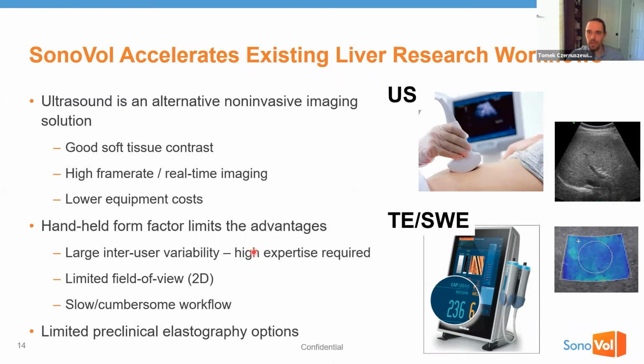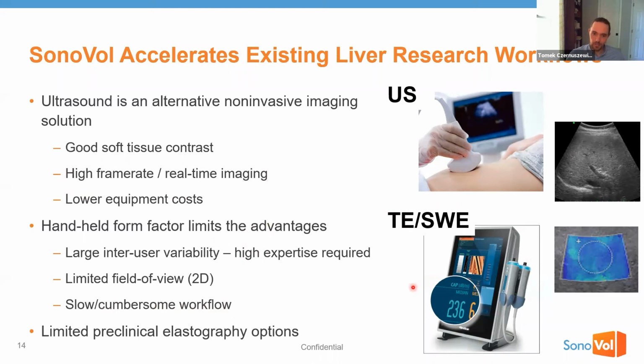The other problem with a manual approach is that the workflow can be cumbersome. And so the speed advantages that we get from this high frame rate modality tend to get lost when you have to do a lot of manual positioning. You're going one mouse at a time. You have to use ultrasound gel and position things, and it ends up almost equating to the same amount of scan time as an MRI.